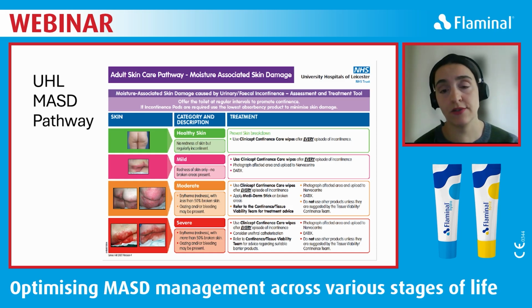You'll notice that from moderate to severe skin damage, what we request is that a referral to the continence and the tissue viability team is completed for treatment advice. This is where we will then step up on the products.